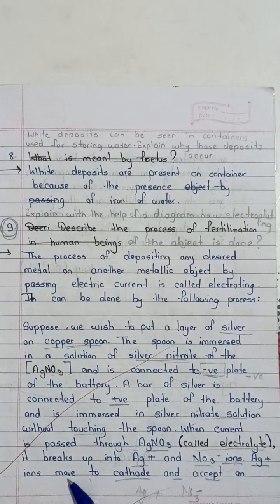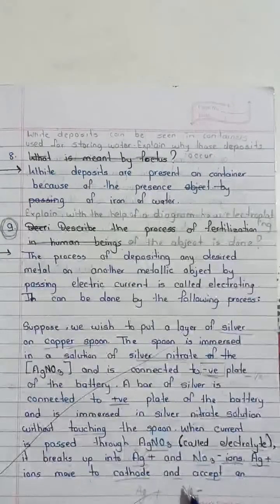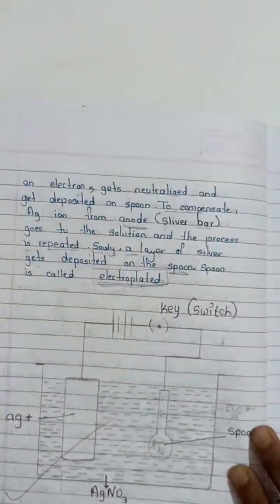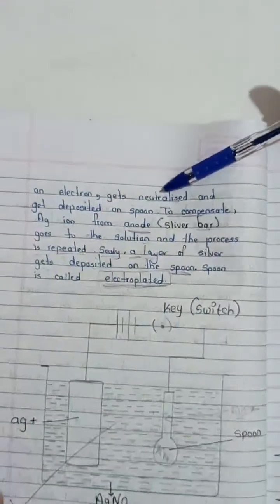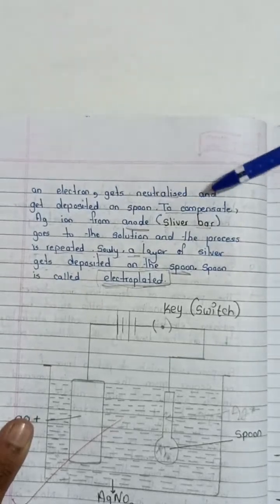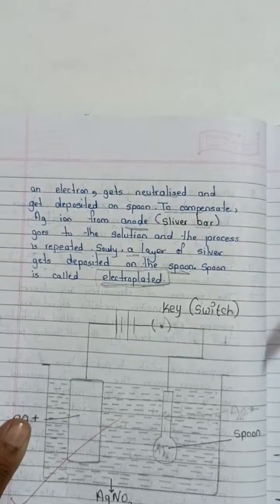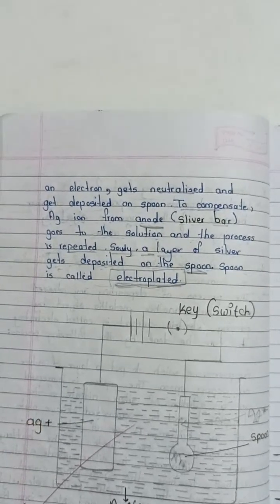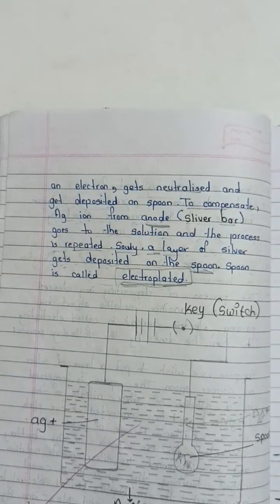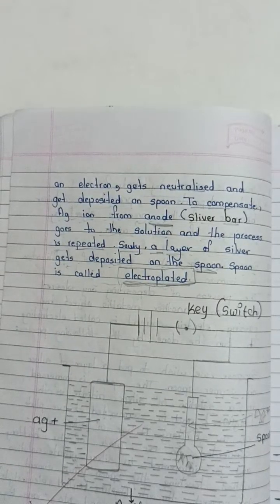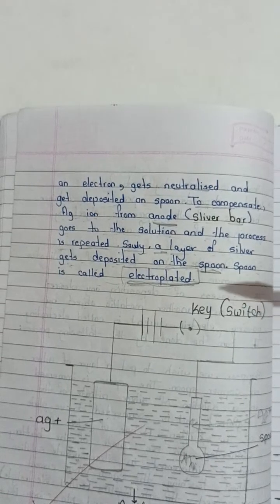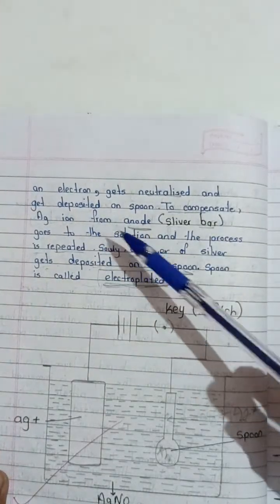Ag positive ions move to the cathode, accept electrons, are neutralized and get deposited on the spoon, to compensate for the Ag ions lost from the anode.